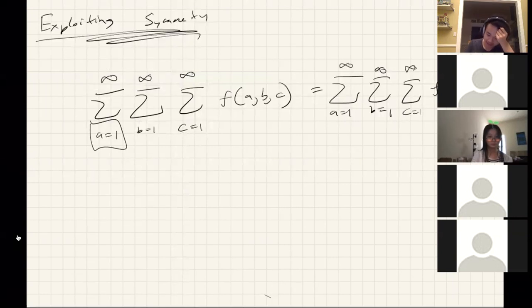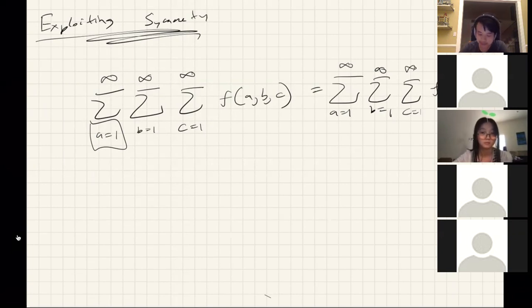If the starting number for B is 2 and the starting number for C is 7, we wouldn't be able to switch the variables anymore, because then there's no symmetry between A, B, and C. So symmetry is all about switching stuff, and you're going to notice that nothing actually changes, which is a little bit interesting.